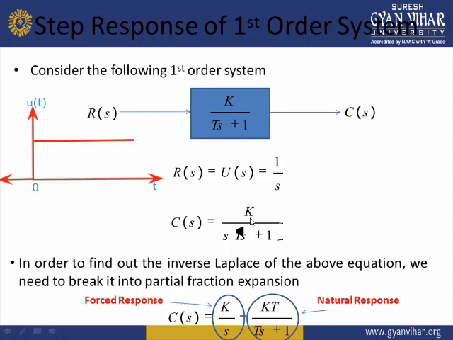So the response C(s) is equal to K upon s minus KT upon (Ts plus 1). The first term is your forced response and the second term is called the natural response.